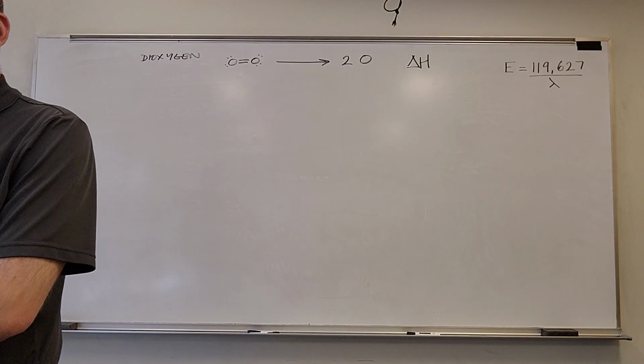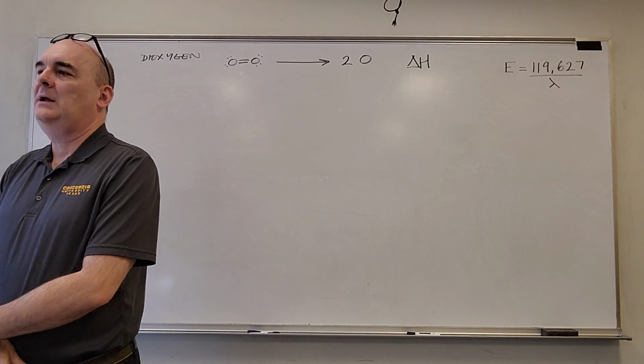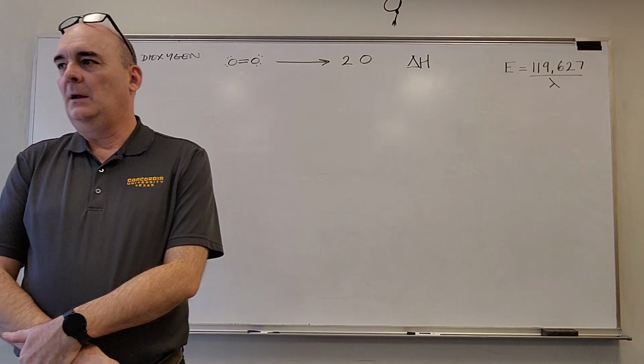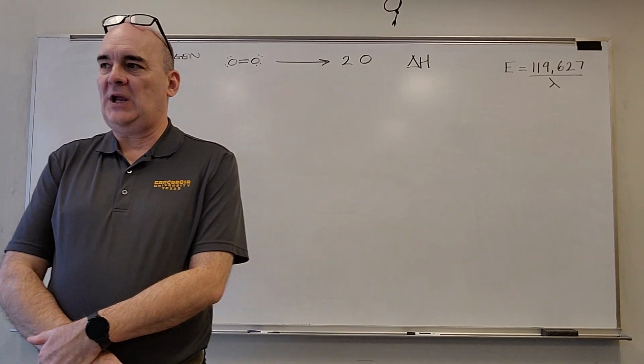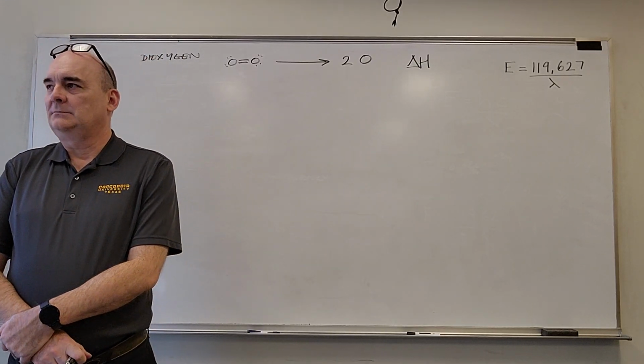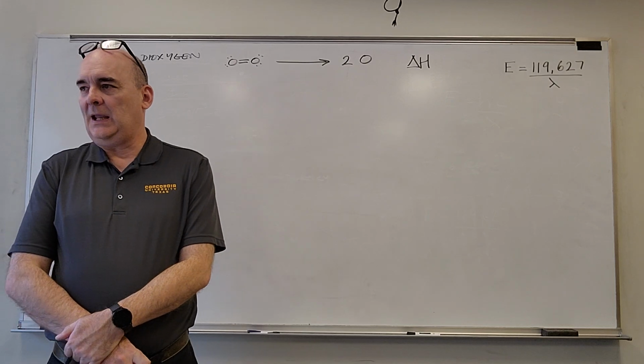Delta H's are enthalpy changes. No matter how many times you hear me or anybody else say the word enthalpy, we always mean enthalpy change. Enthalpy change just means heat. How much heat did it give out or take in?